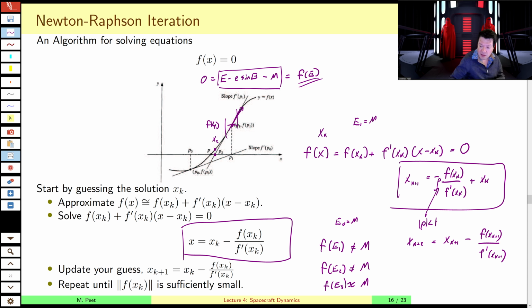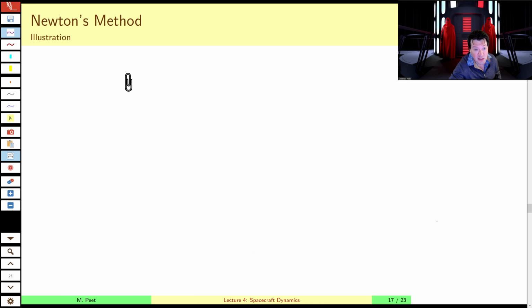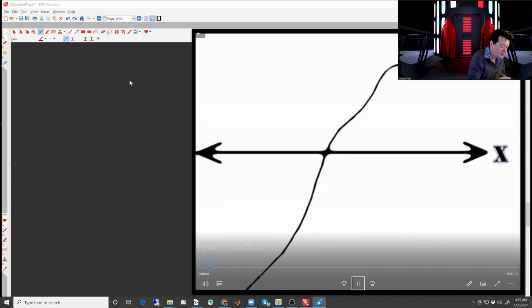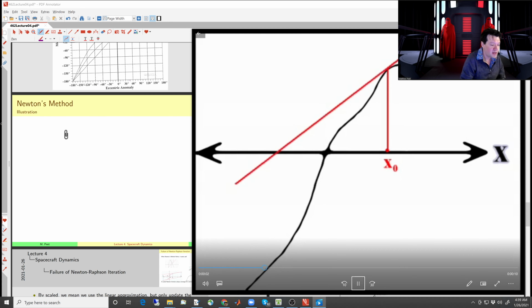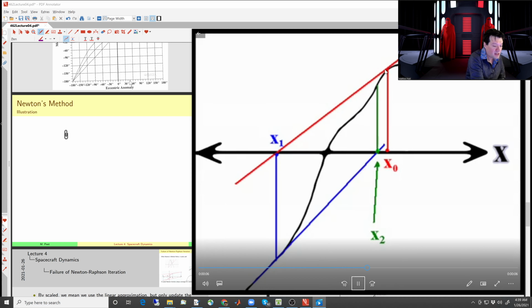Yeah. So that's the basic idea behind Newton's algorithm. As with most algorithms, it's not terribly complicated, right? Here we've got a little movie illustrating Newton's algorithm. Here what we see is we have an initial guess.